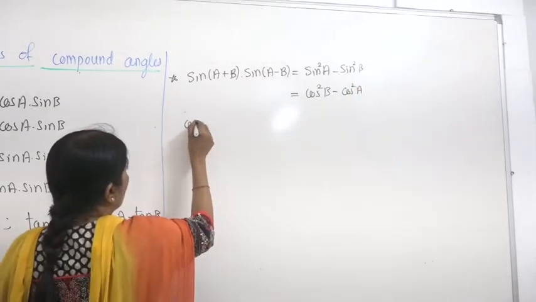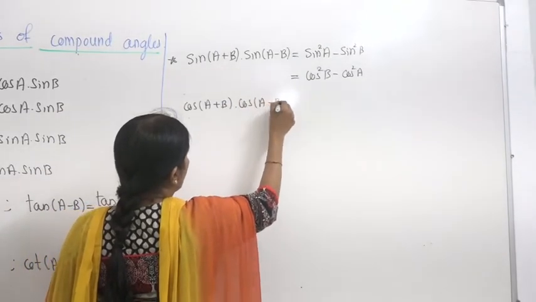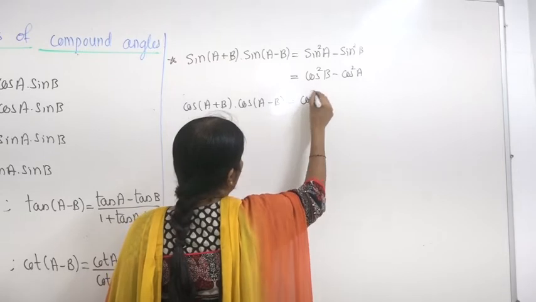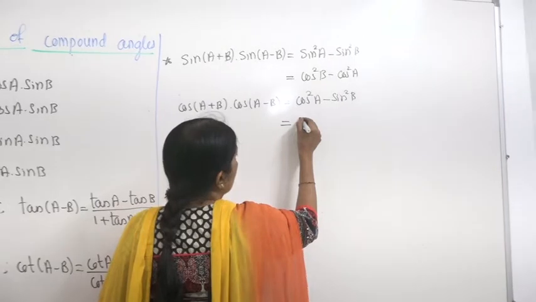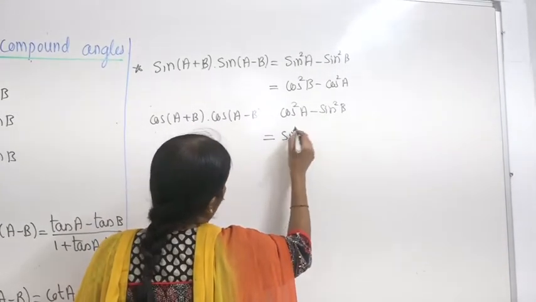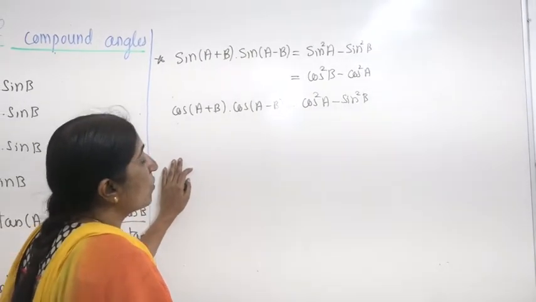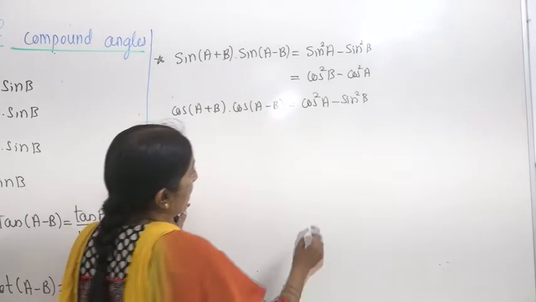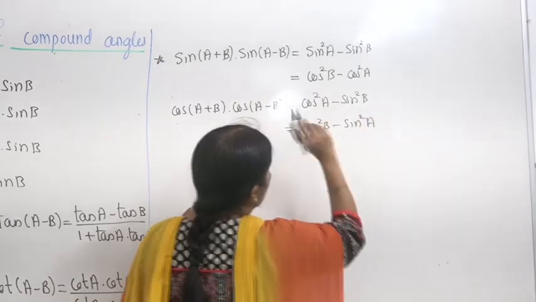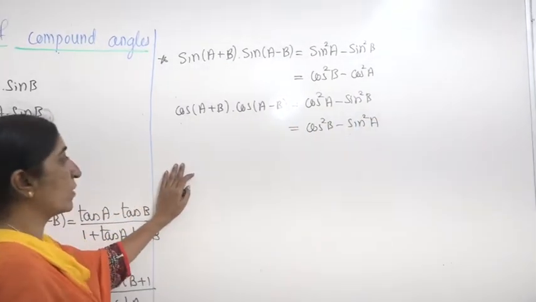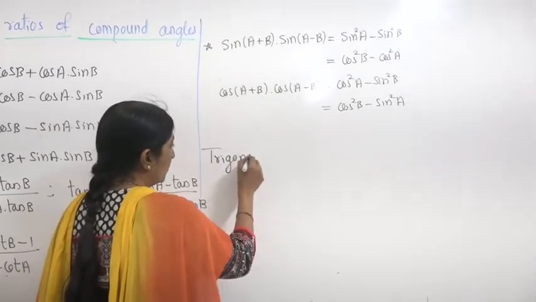Next one, cos(A+B) cos(A-B) = cos²A - sin²B, or cos²B - sin²A. So write down whichever is suitable for the problem.